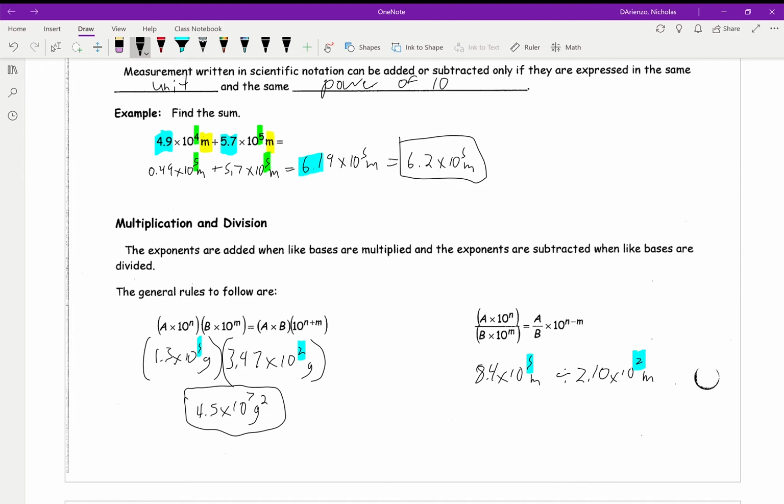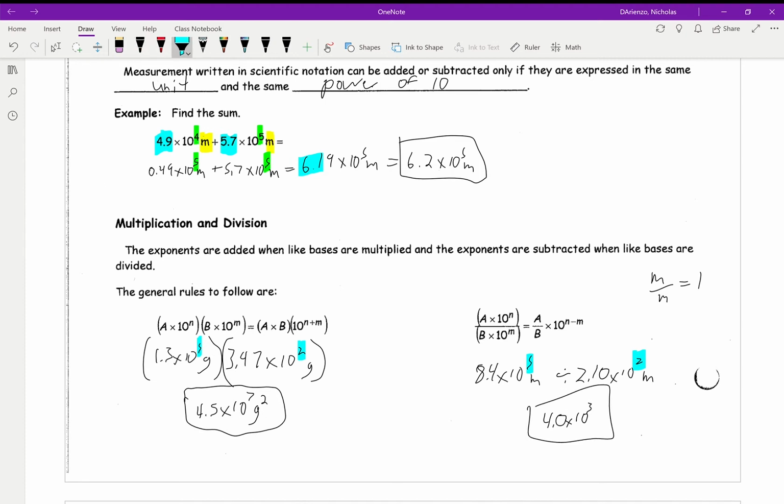So we'll divide 8.4 by 2.10, which gets us 4.0. 5 minus 2 gets us the third power. And m divided by an m is equal to 1. So there is no unit listed here.